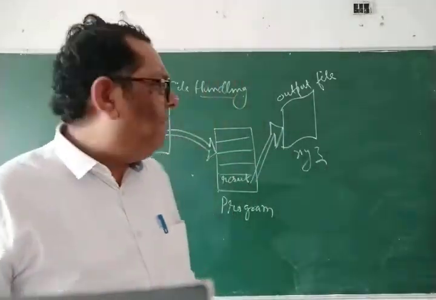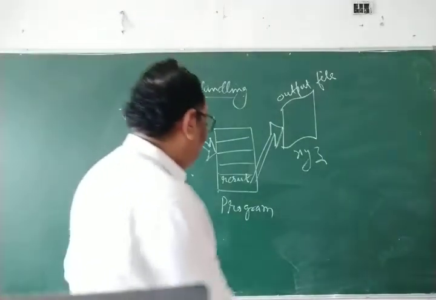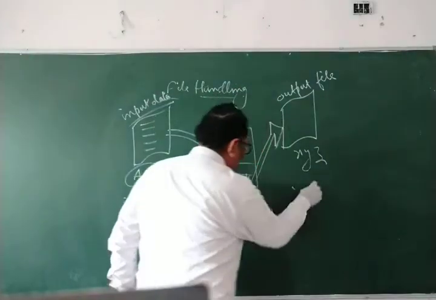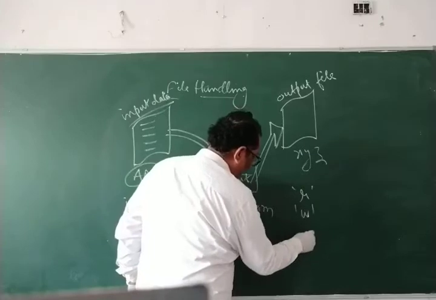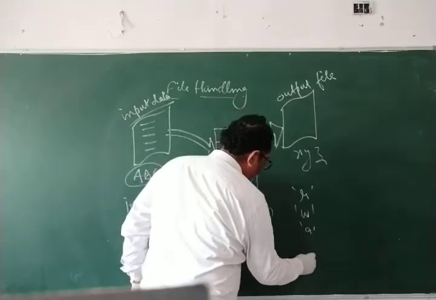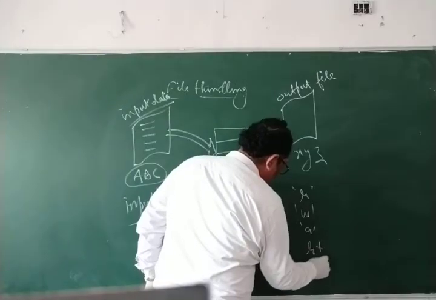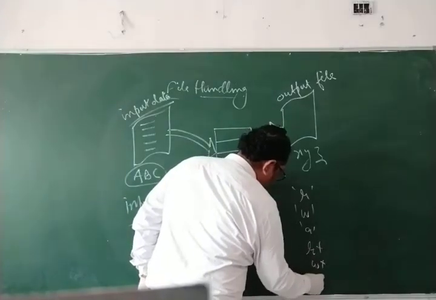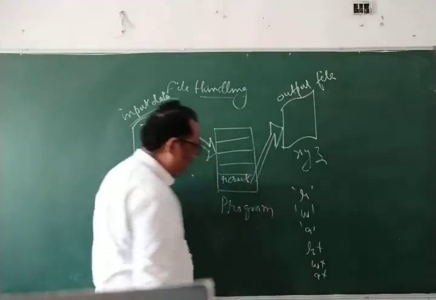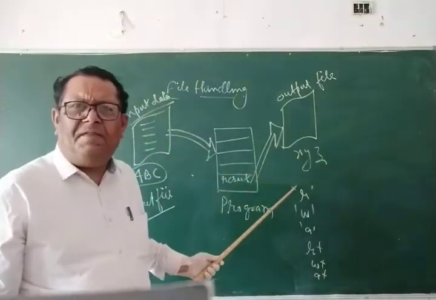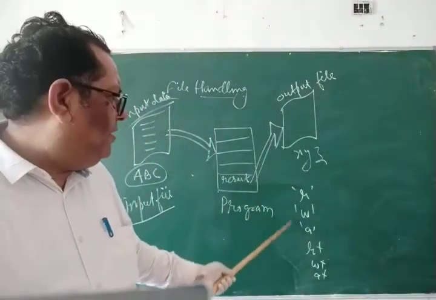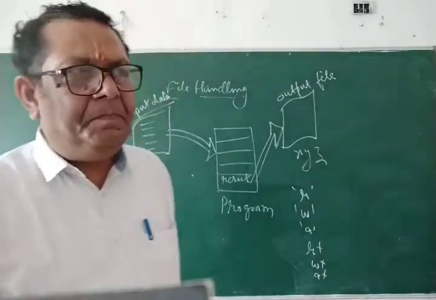So these are the different modes in a file: R mode, W mode, A mode, R plus mode, W plus mode, and A plus mode. These are the different modes to read and write a text file.